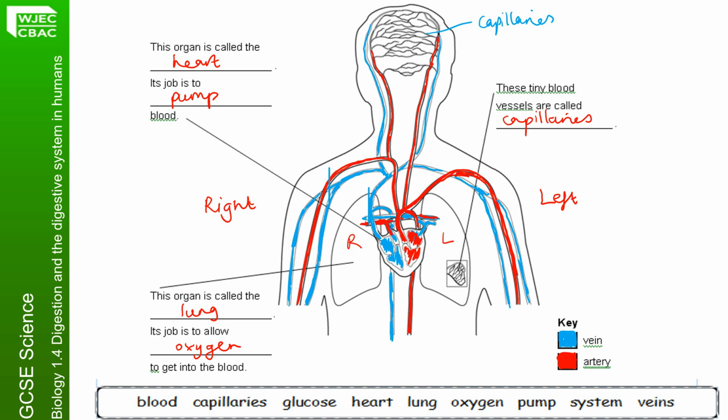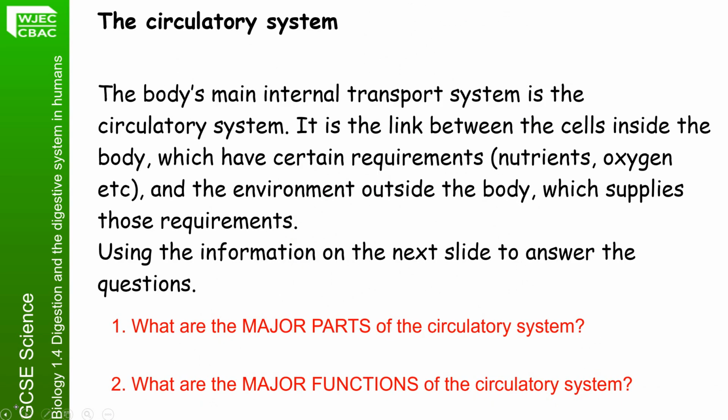Okay, so on the opposite page, page 2, we have a little reading task for you to do. It tells us that the body's main internal transport system is called your circulatory system. I like to think of it as a little bit like our rail system. The train is the equivalent of the blood.